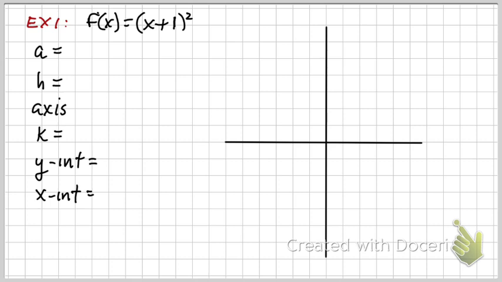So I got f of x equals x plus 1 squared. Okay, what's a? Uh-huh. So now already I know something. This thing opens up, so it's going to be like that.